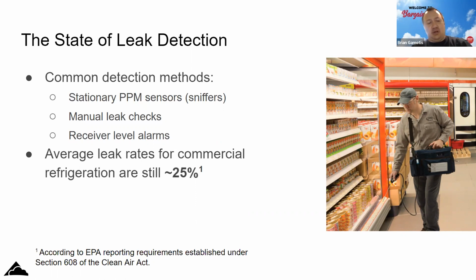There's pros and cons with each of them. When it comes to your stationary sensors, whether it's a sample-based IRLDS system or an electronic sensor mounted in a box, there's the maintenance side of it.